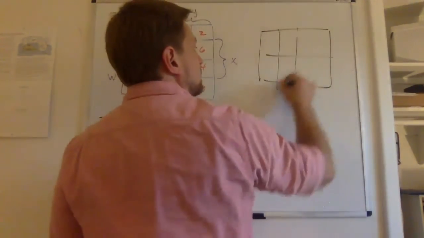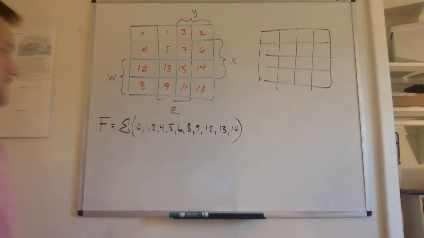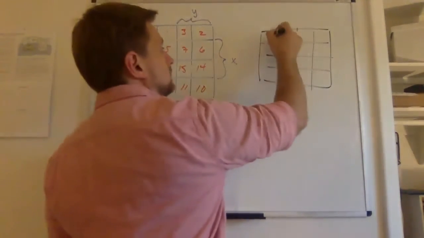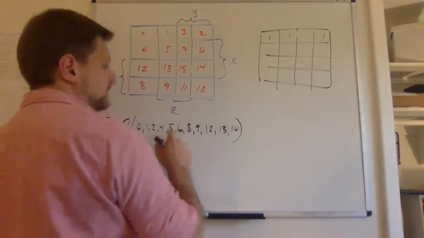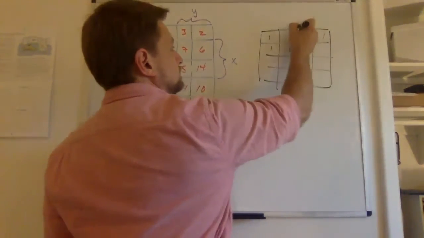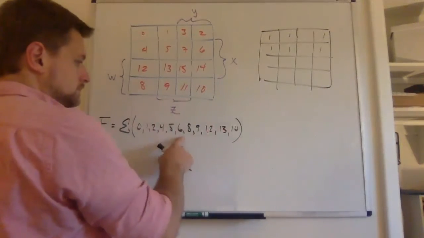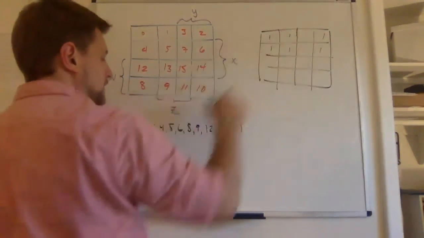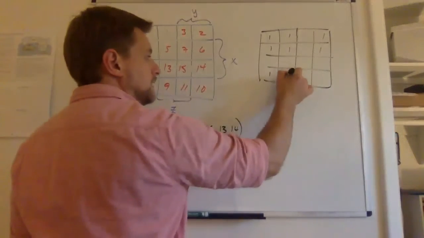Middle. Okay. 0, 1, 2, 4, 5, 6, because we skipped 7. 8, 9, right?